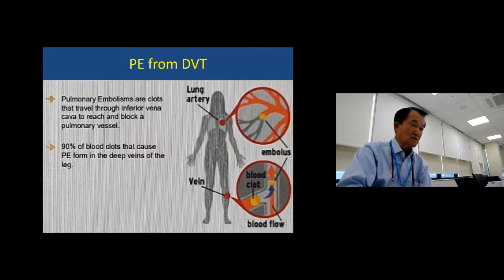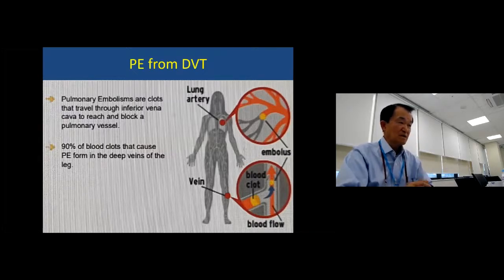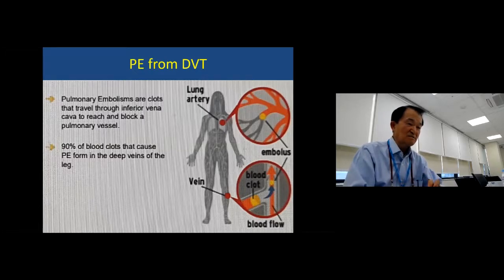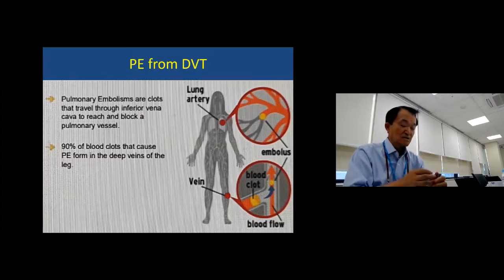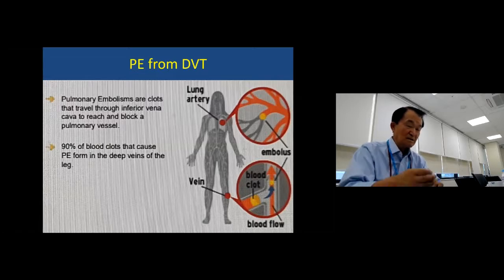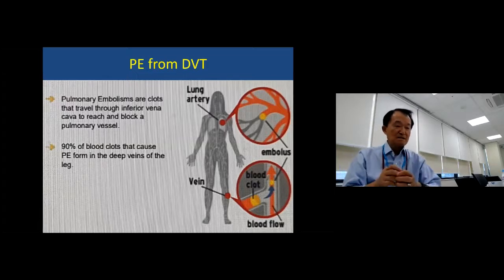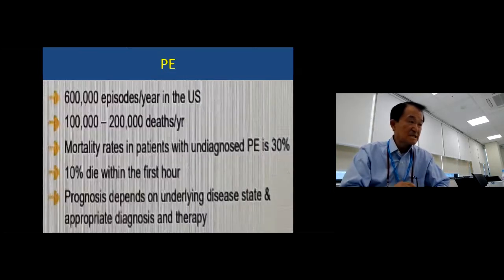now we talk about pulmonary emboli. Pulmonary emboli mostly come from venous thrombosis in the leg. It travels, eventually goes to the lung and gets stuck in the lung, in a small vessel, capillary or pre-terminal arterial vessels.